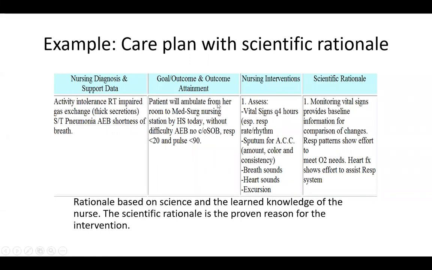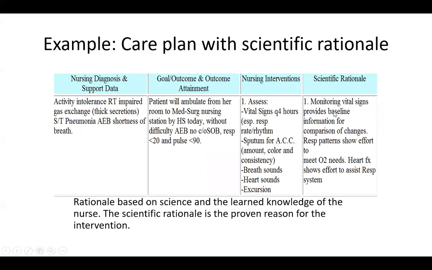What I hope to happen while I'm taking care of him is that he'll be able to ambulate from his room to the nurse's station by bedtime tonight without shortness of breath. So what I want to do is increase his tolerance of activity. How am I going to do that? That's my interventions. Assess the vital signs every 4 hours. Well, is that because I think it's a good idea? No, I have a scientific reason for that.